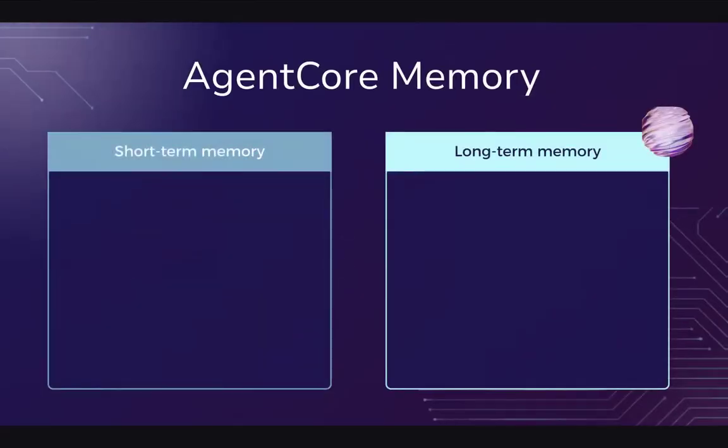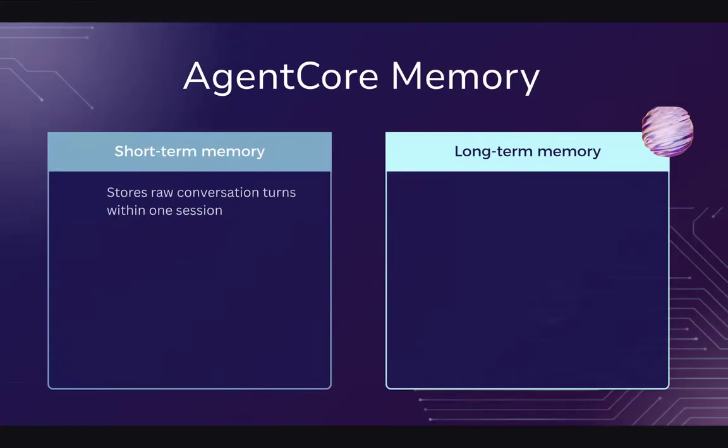For the AgentCore memory that I talked about earlier, the short-term memory and the long-term memory: remember in the traditional system, memory was limited to the current conversation history injected into the prompt. The moment a session ends, everything was forgotten. AgentCore memory gives the agent two types of memory that work together.